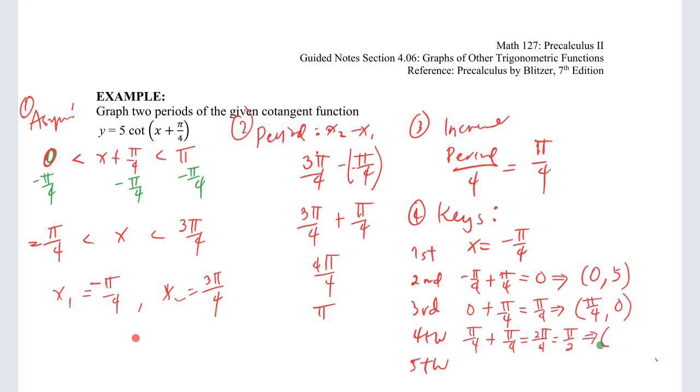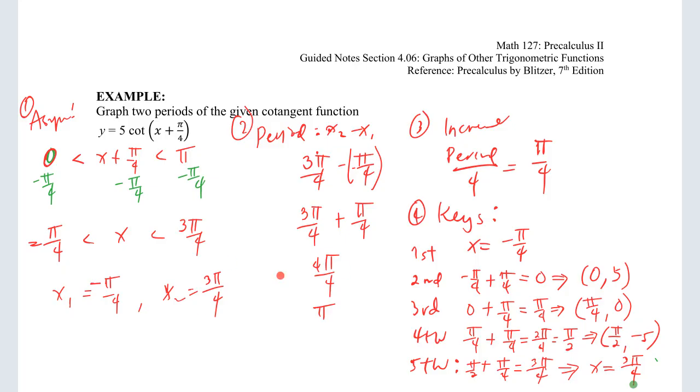With that, you have pi over 2 and then negative 5 since it's going down. And lastly, the fifth point is pi over 2 plus pi over 4, which gives you 3 pi over 4. Like I mentioned, the fifth key here is an asymptote, wherein x is equal to 3 pi over 4.